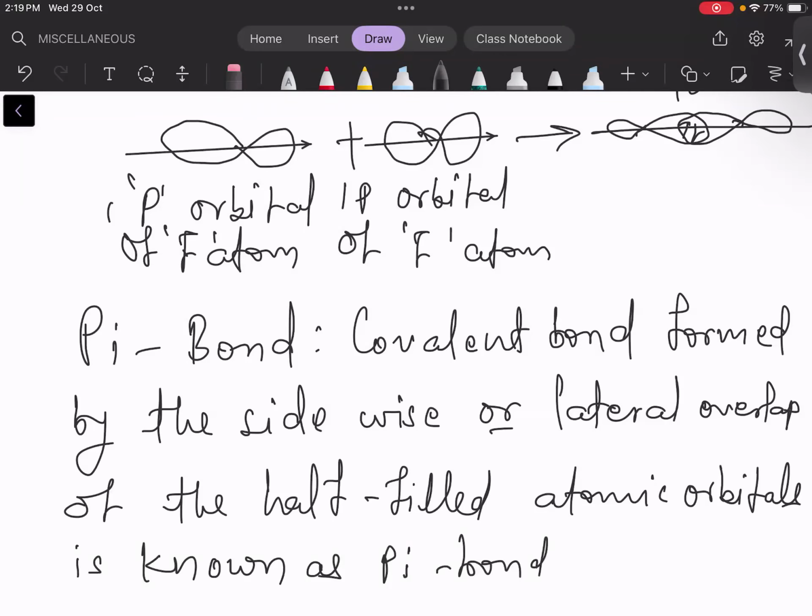So a pi bond is formed by sideways or lateral overlapping.